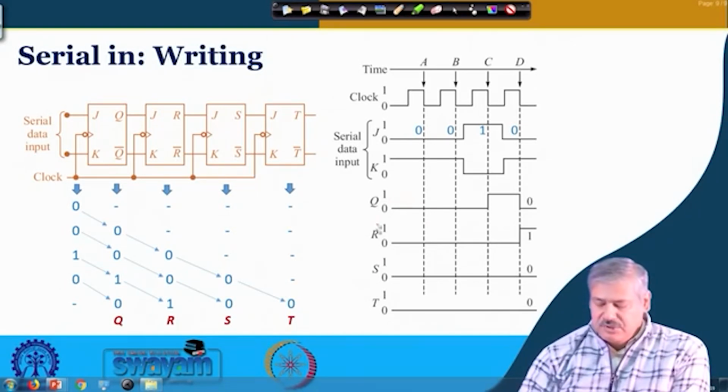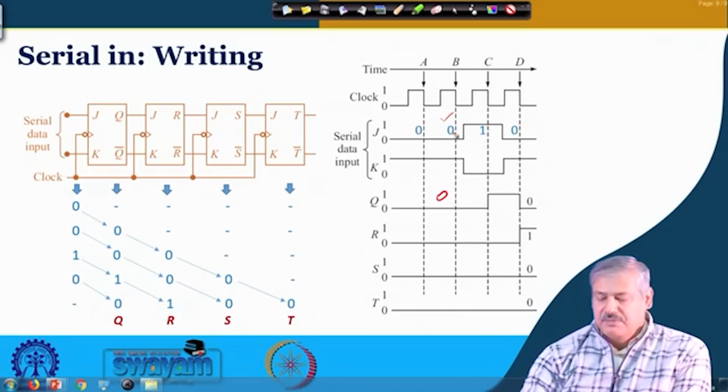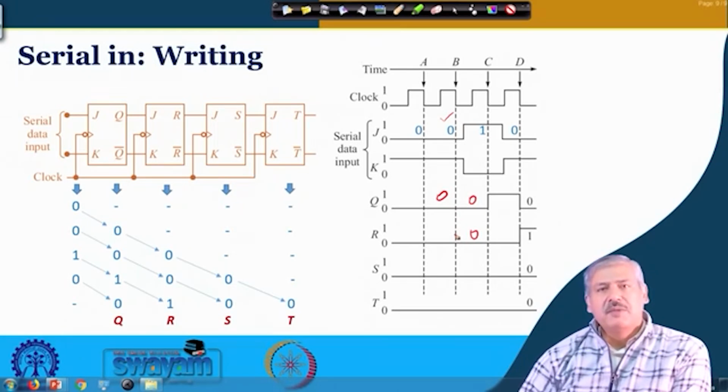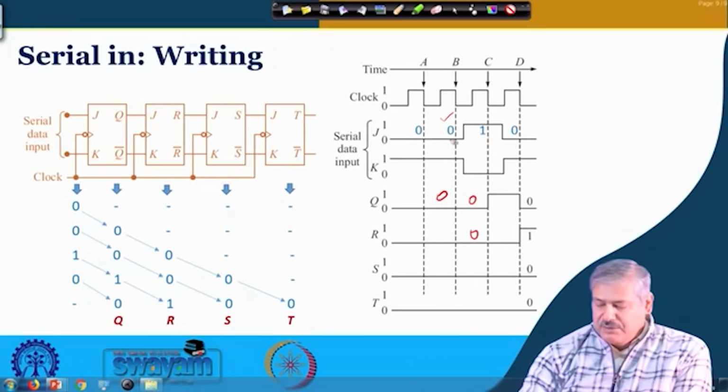QRST initially is considered 0. So, this 0 will be coming here, this is the one that we are talking about. The next value is 0 here before the clock trigger, so this 0 is coming here and this 0 is coming there. It is the same thing through the timing diagram. Now, before the next clock trigger, you see that it has changed, and when the clock trigger comes, it is 1.